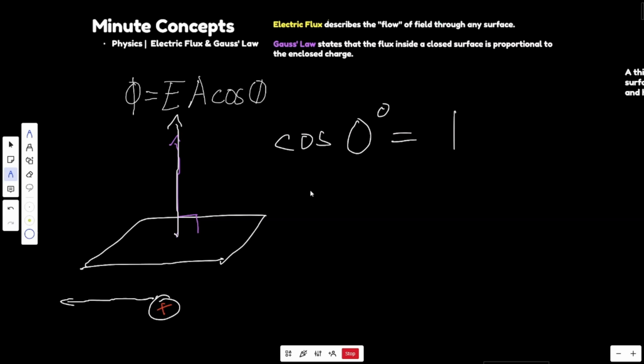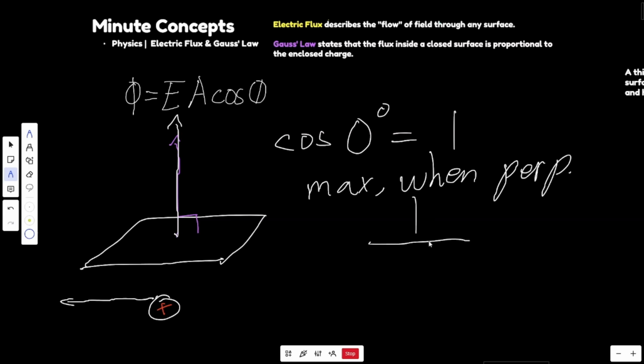So basically, it's maximum when it's perpendicular. So basically, you just want to see always that it's going to be in like a T. So if that's the angle between our surface and our electric field line, then we maximize our flux, because that means that it's basically just going all through.